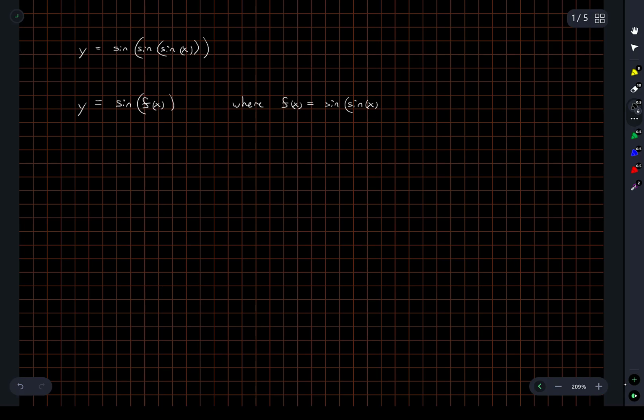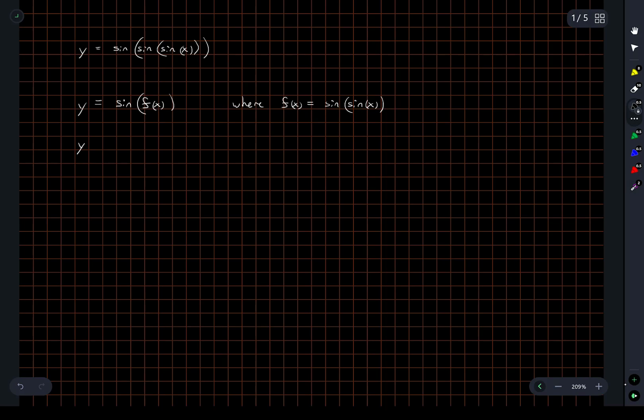Now, this expression is in the form where I can apply the standard version of the chain rule. I'll need to know how to take the derivative of sine, which I can do, and I'll need to know how to take the derivative of f, which I don't yet know how to do. To find the derivative of f, I'm again just going to apply the chain rule to this composition of two functions, sine of x.